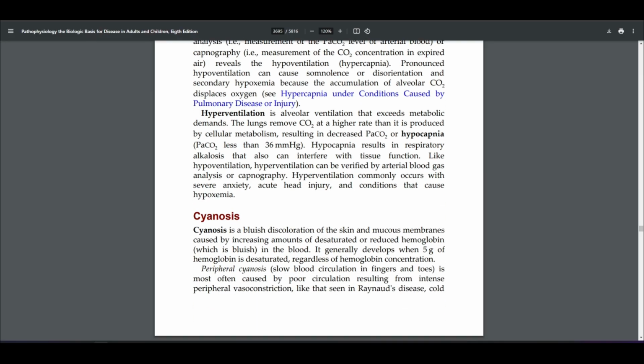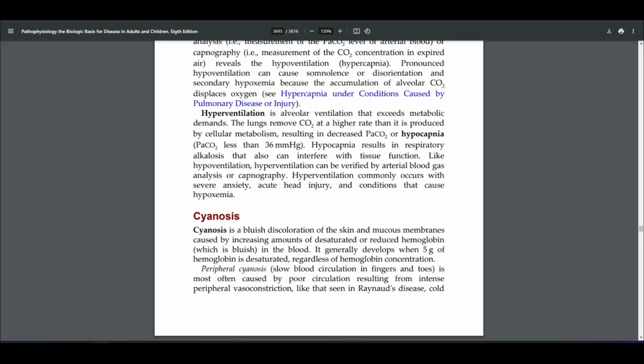Hyperventilation is when alveolar ventilation exceeds metabolic demand. The lungs remove CO2 at a much higher rate than it is being produced at the cellular metabolic level, resulting in a decrease in PaCO2, or hypocapnia. So you'll see an ABG with PaCO2 less than 36 millimeters of mercury.